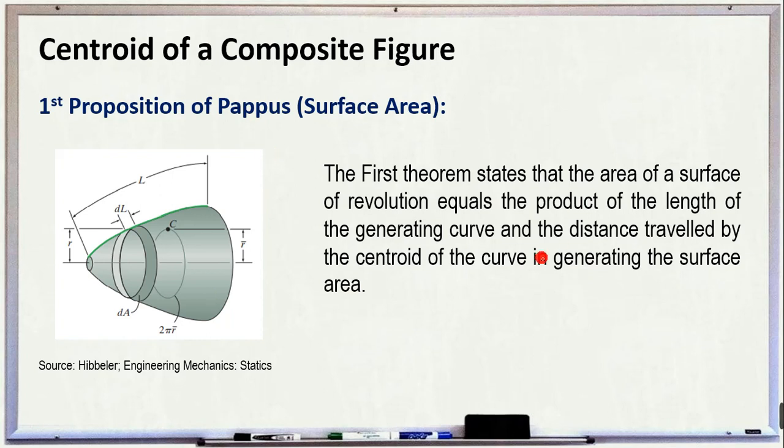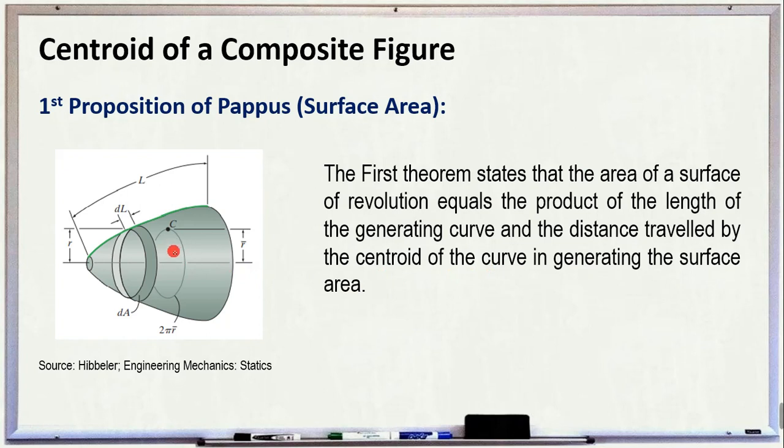For the first proposition of Pappus, the goal here is to find the surface area of a certain figure that is being generated out of this given curve. So the first proposition states that the area of a surface of revolution equals the product of the length of the generating curve and the distance traveled by the centroid of the curve in generating the surface area.